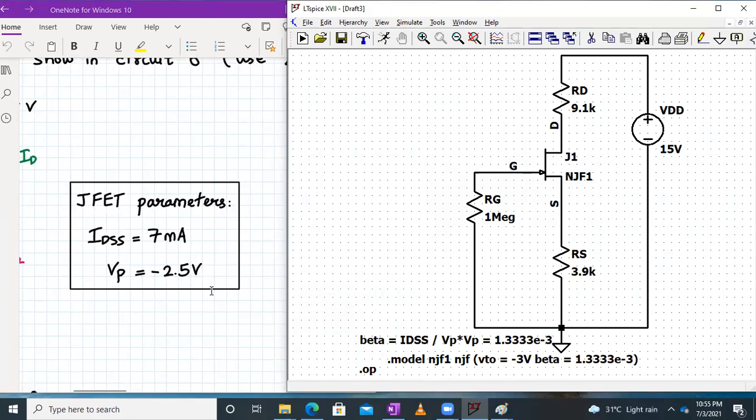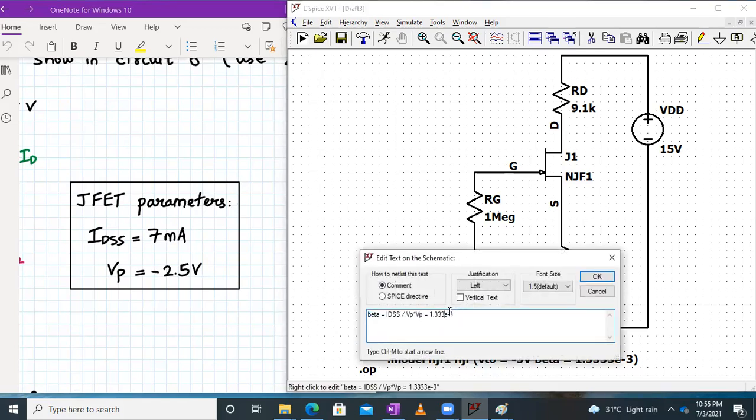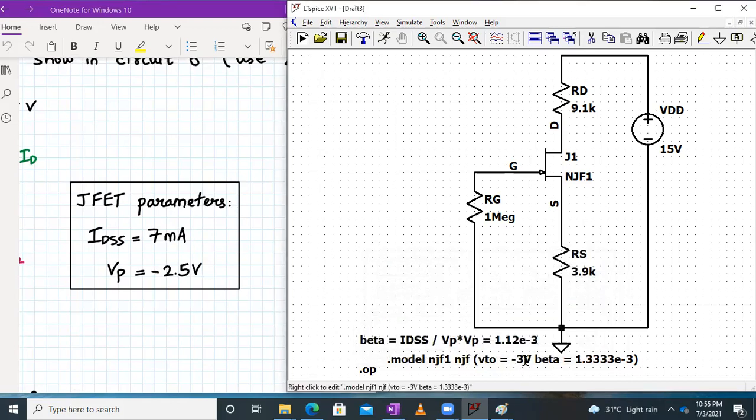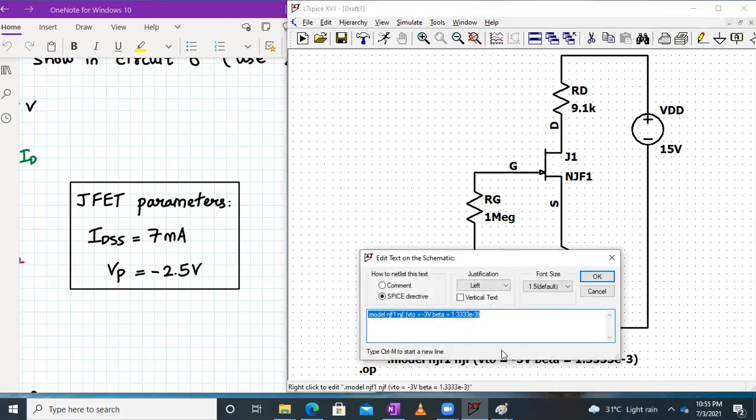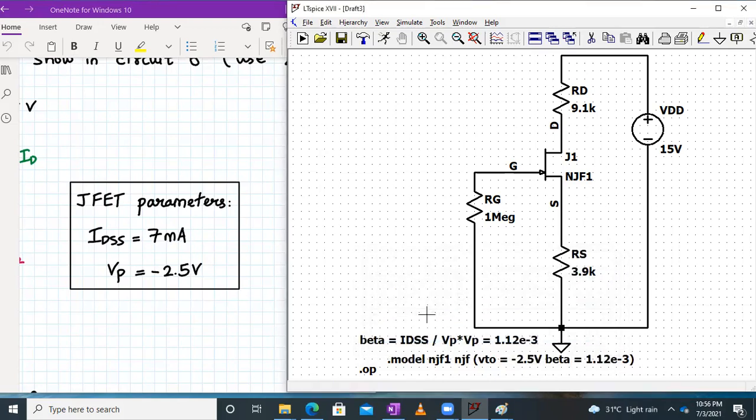So 7 milliamperes divided by VP square, that is 2.5 square, it's coming out to be 1.12. Okay, so beta value over here is coming out to be 1.12 into 10 raised to minus 3. So we'll change it accordingly in the dot model statement also. So we'll change VTO to minus 2.5 volt and beta as 1.12 into 10 raised to minus 3.